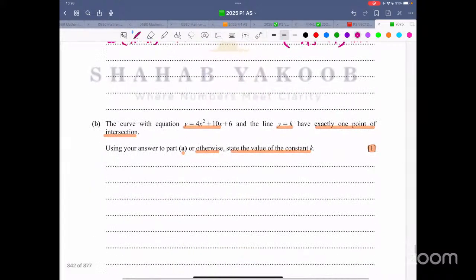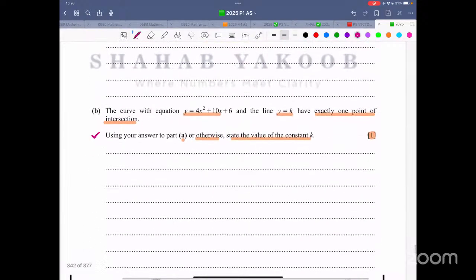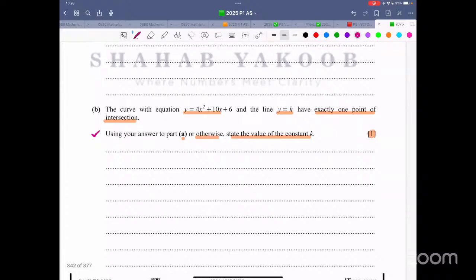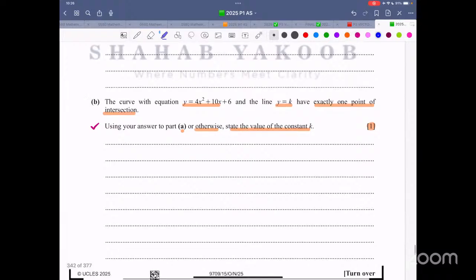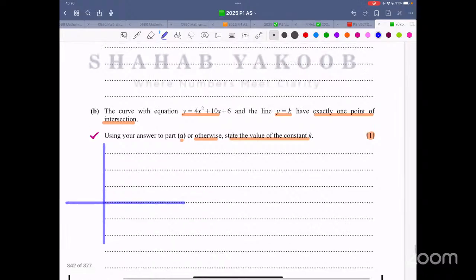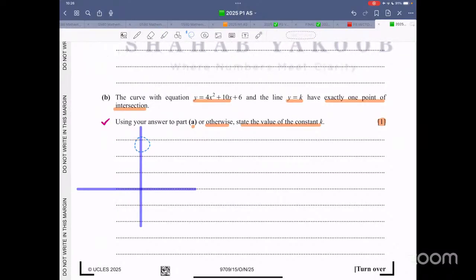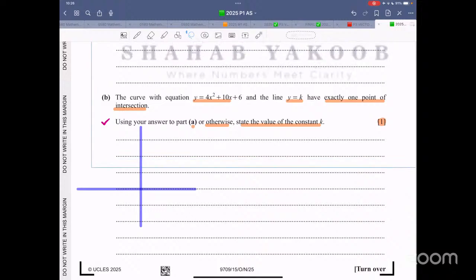Now over here, use your answer to part A. What is in part A? The completed square form, the turning point. State the value of the constant k. Now think for a second. Let me draw the sketch and let me make it thinner. So if I draw the sketch, the x coordinate is negative, so is the y coordinate. And let me just draw this curve.